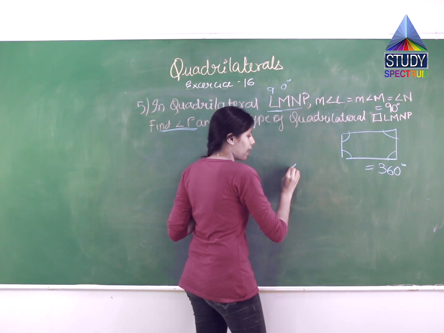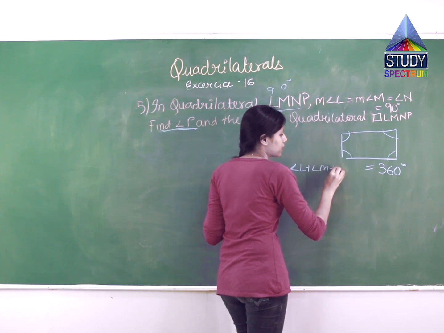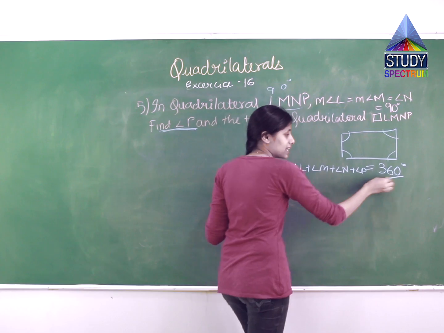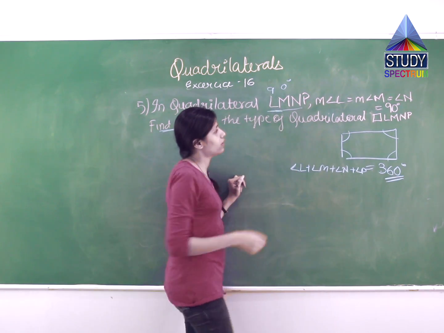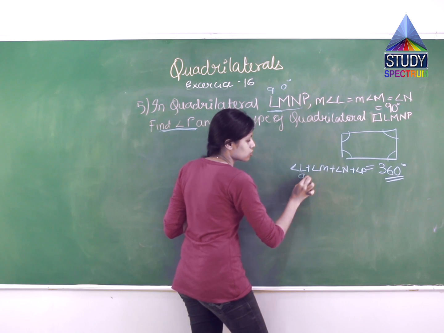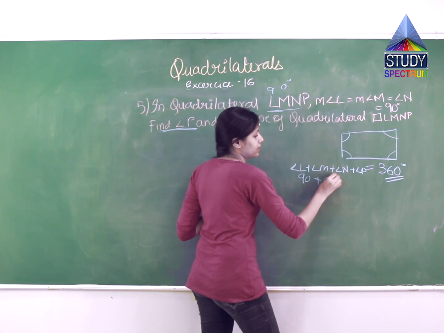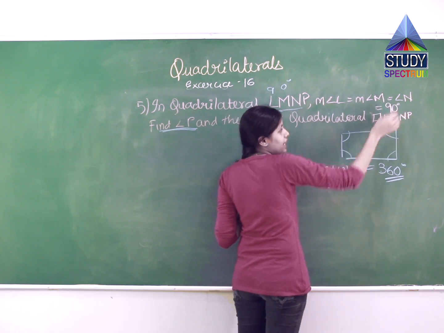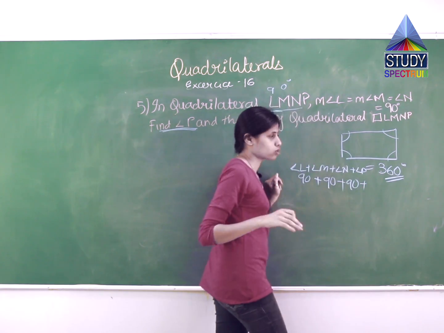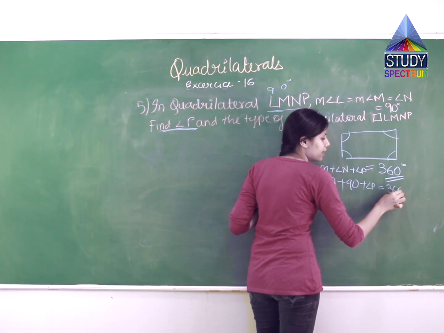So angle L plus angle M plus angle N plus angle P should be 360 degree. Now look over here, they have already given that angle L is 90 degree. So 90 plus angle M is also 90 degree. So 90 plus angle N is given as 90 degree. So 90 plus angle P we don't know.